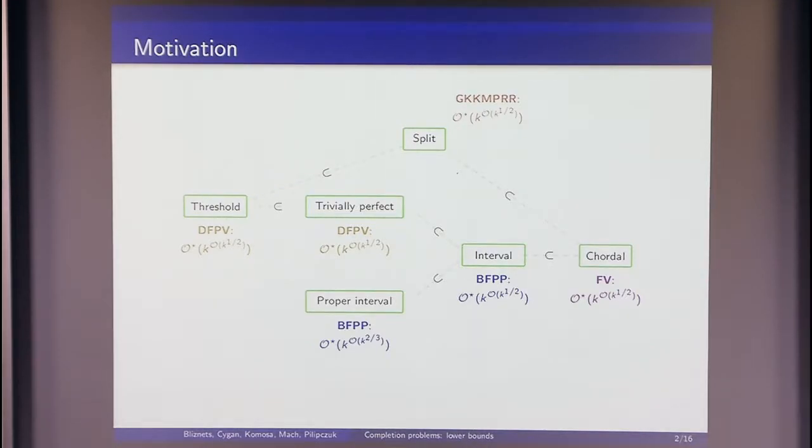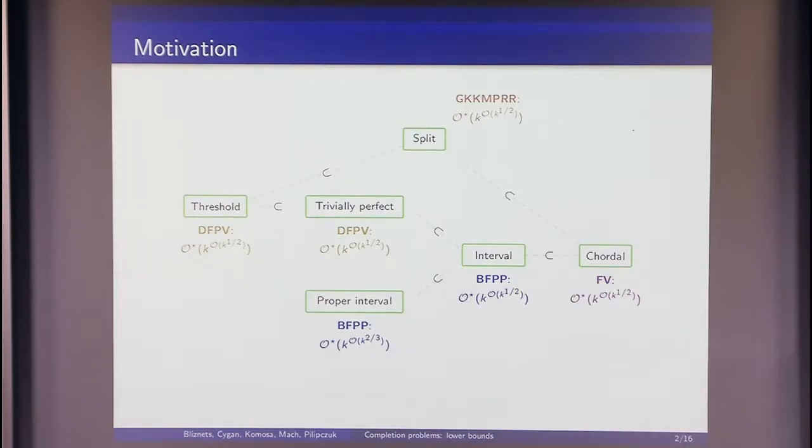Then there was a paper of Komusiewicz et al. for split graphs, a very nice and simple application of chromatic coding. Then we managed to give such algorithms for trivially perfect completion and threshold completion. Finally, after a lot of struggle and technical problems, we got it for interval graphs and proper interval graphs.